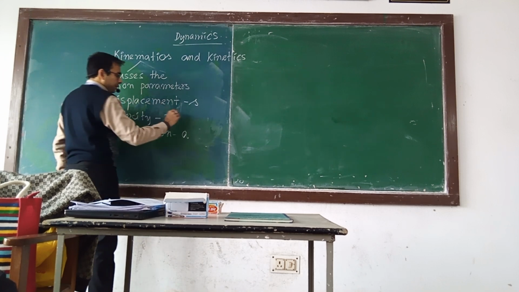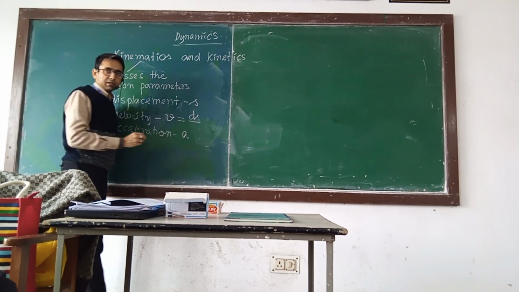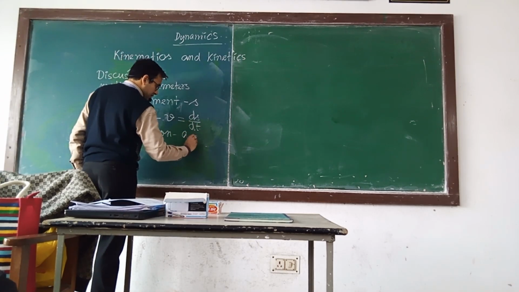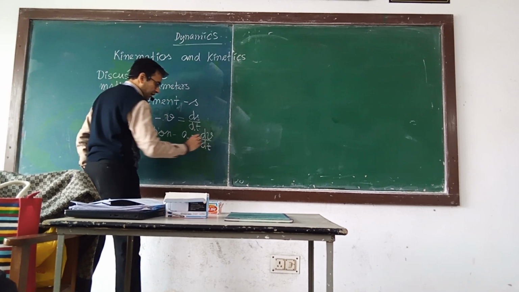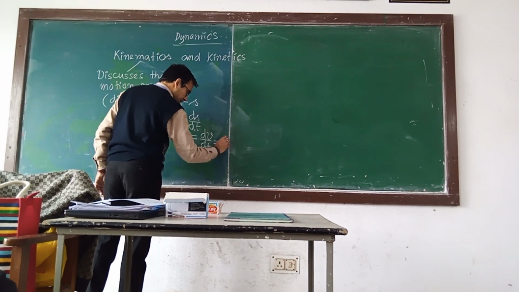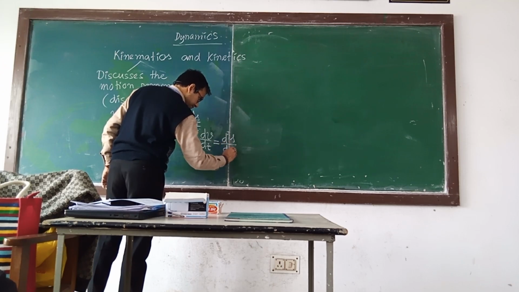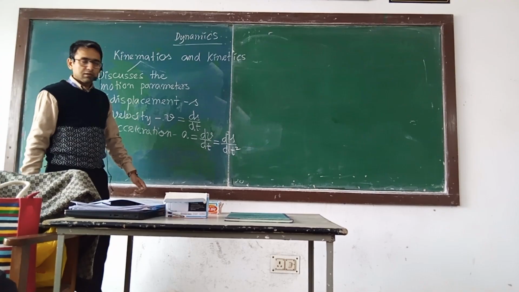Velocity V is basically ds/dt, rate of change of displacement, and acceleration is dv/dt, that is basically d2s/dt2. That means rate of change of velocity.